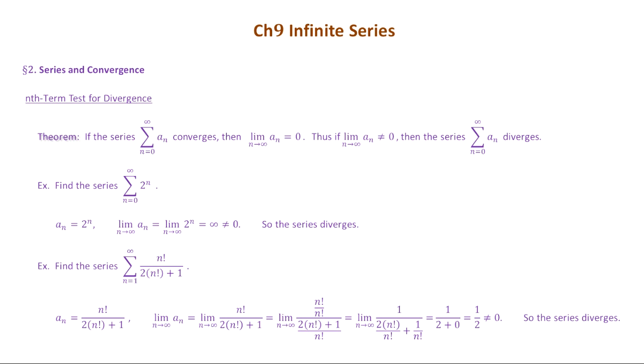What it says is, if a series the sum of a_n converges, then the limit of a_n has to be 0.